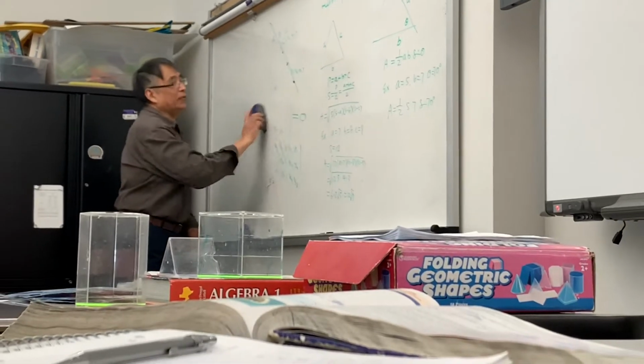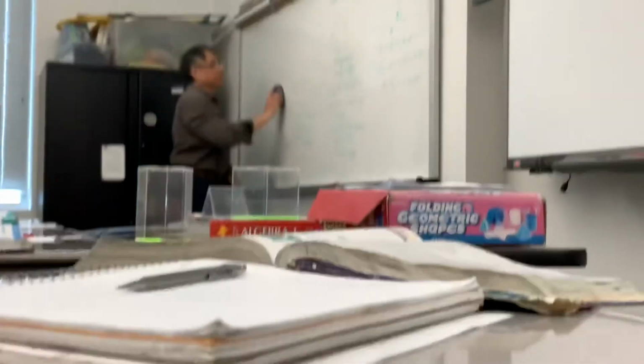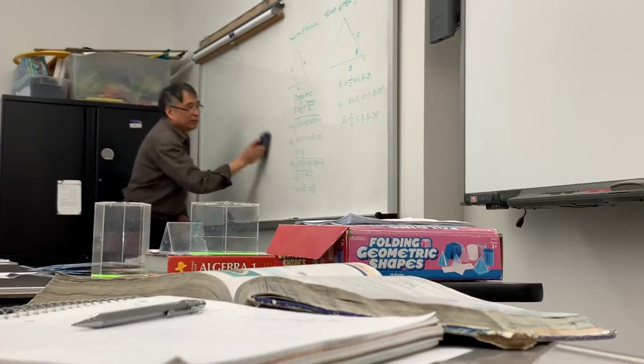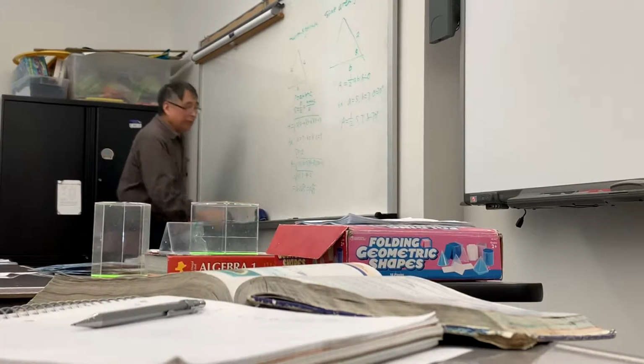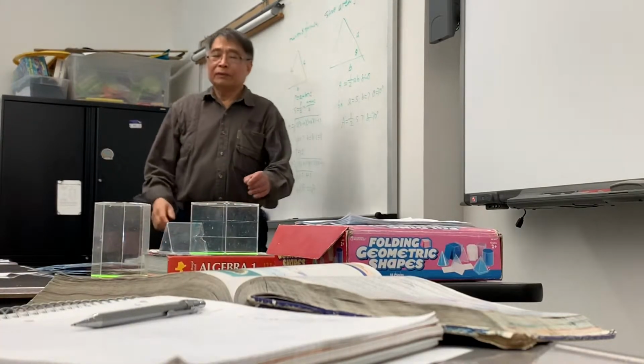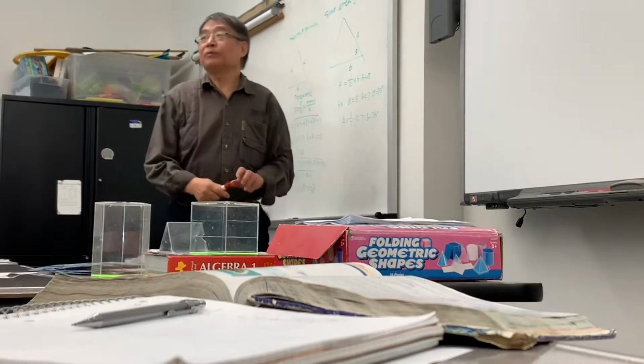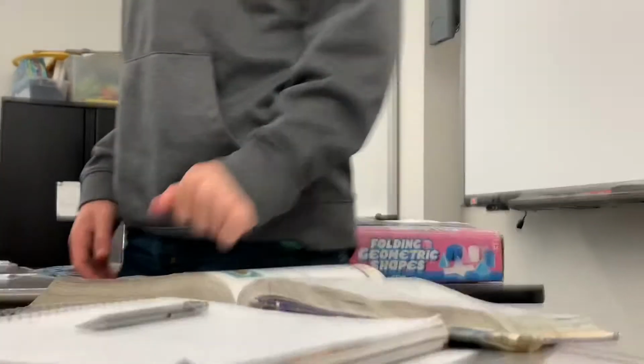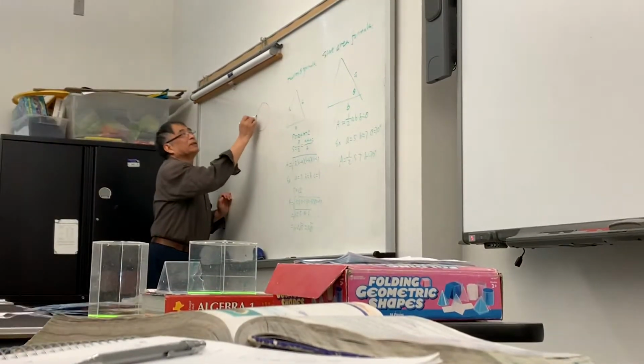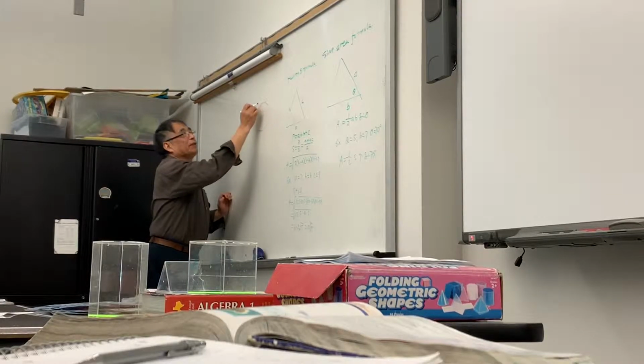For instance, we have a circle. We have an arc AB. The arc AB, we already learned how to find. A is here, B is here. The central angle is 30 degrees, for instance.